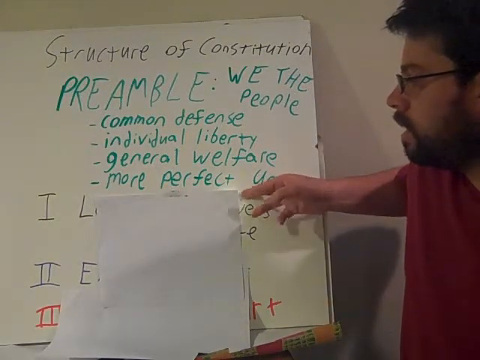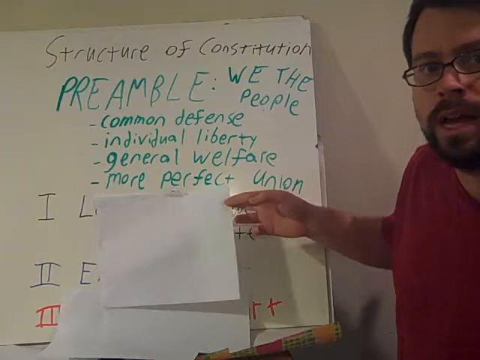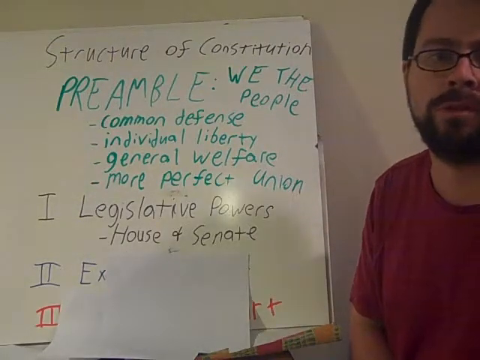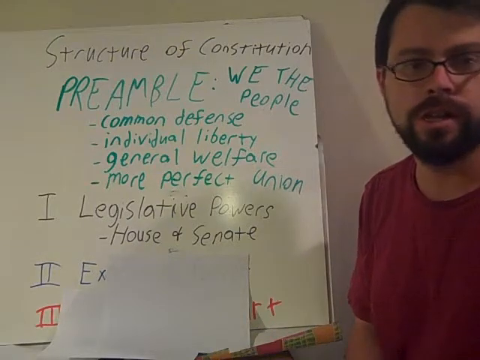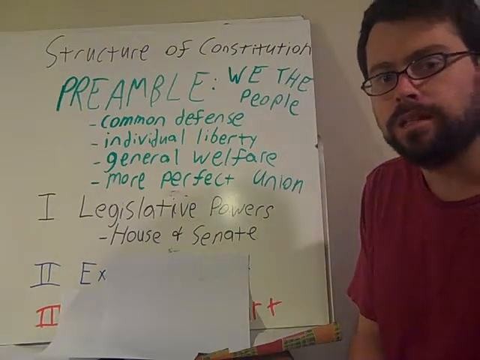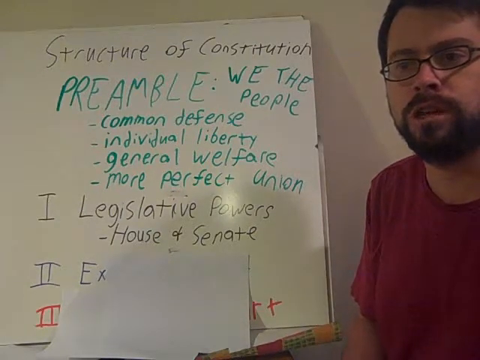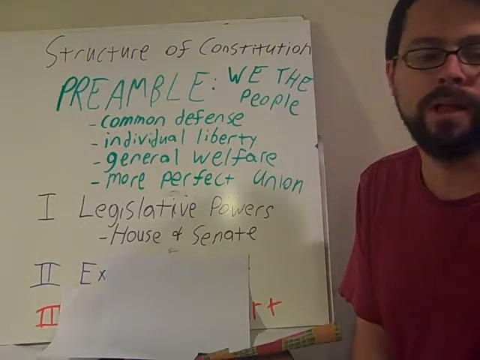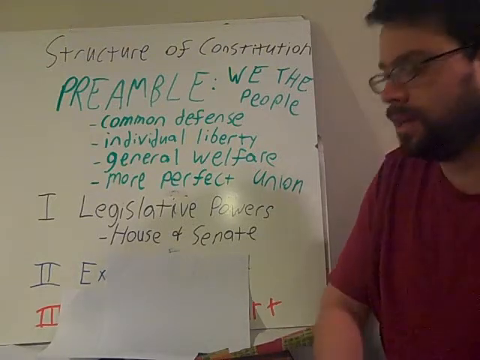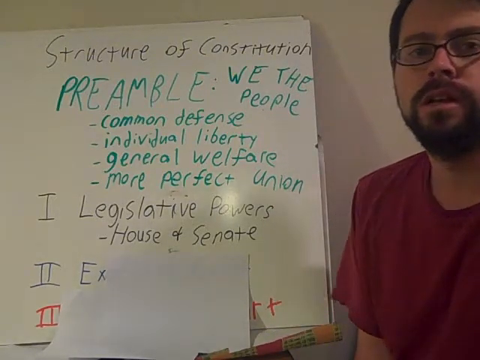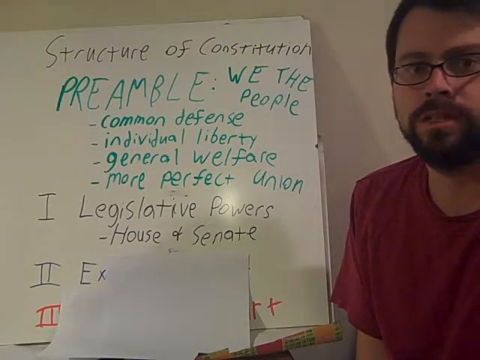Then we go down into the first part of the Constitution after the preamble, and it's significant that we start with Article I, which sets up the legislative branch, sets up Congress. The legislative branch is the most closely associated branch of government to the people, because people elect representatives to the House of Representatives every 2 years, and elect members of the Senate every 6 years.